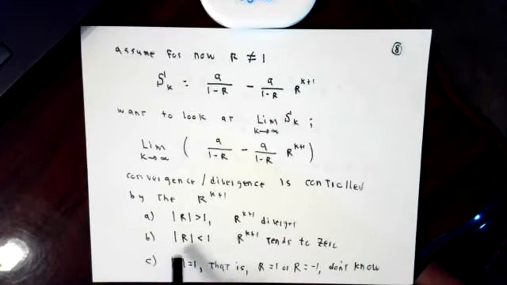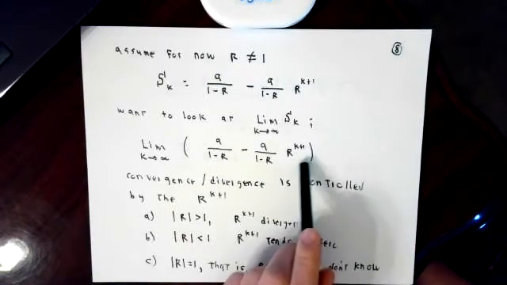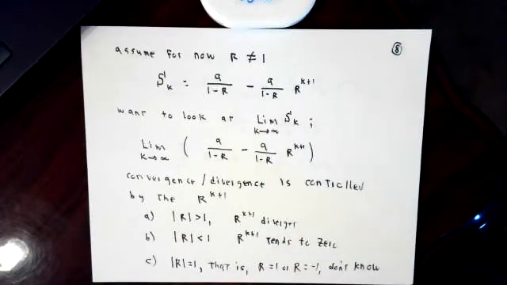If R is less than 1 in absolute value, like R equals a half, for instance, I would be taking powers of 1/2, like 1/2 squared and 1/2 cubed and 1/2 to the 4th power and so on. R to the K plus 1 is going to tend to 0 in that case.